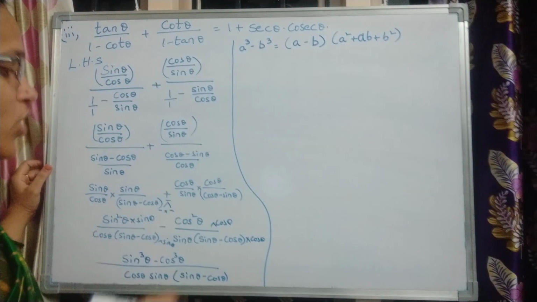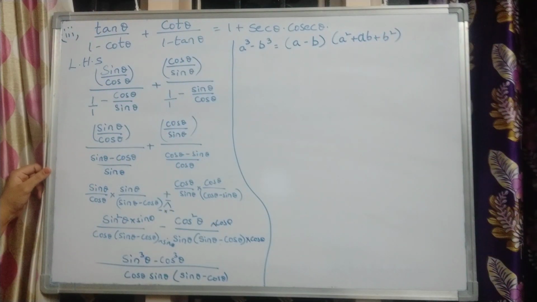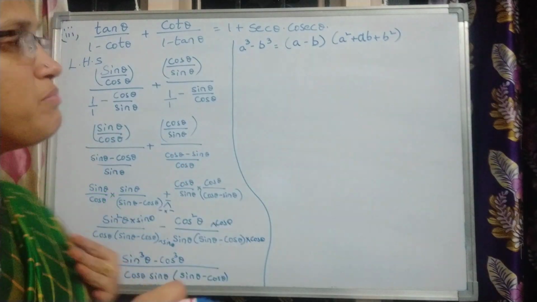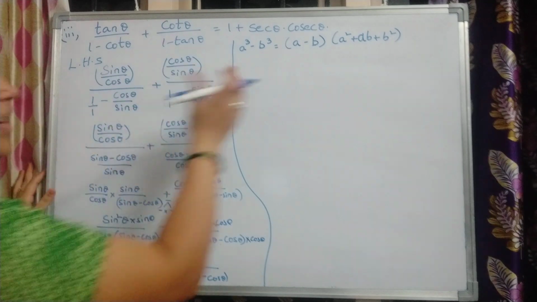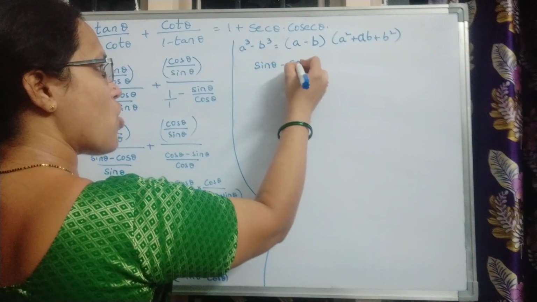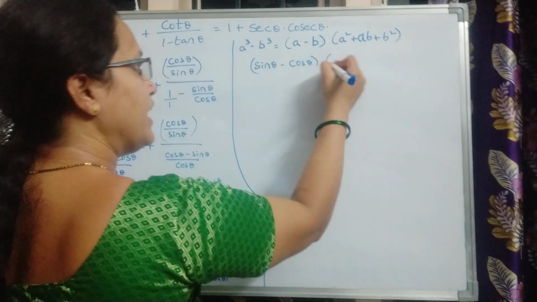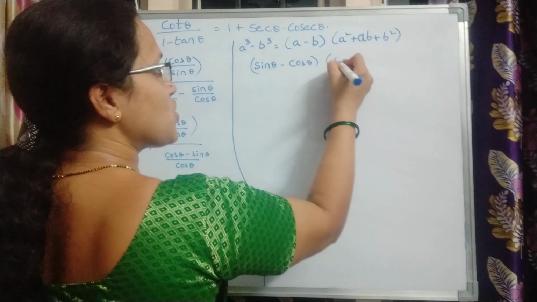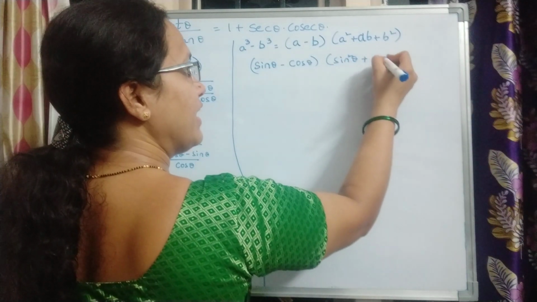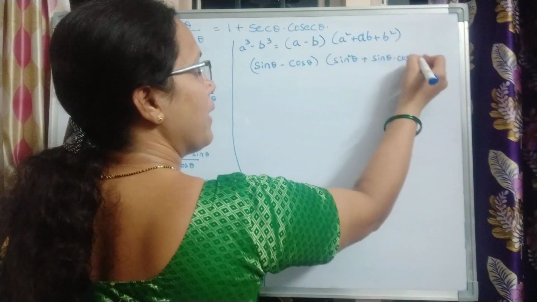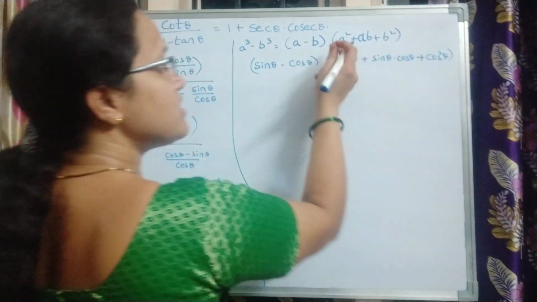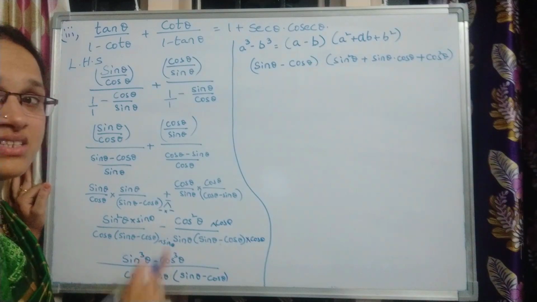So this is how it is formed. Now write it accordingly: sine theta minus cos theta into sine square theta plus sine theta into cos theta plus cos square theta, because a is sine theta, b is cos theta.